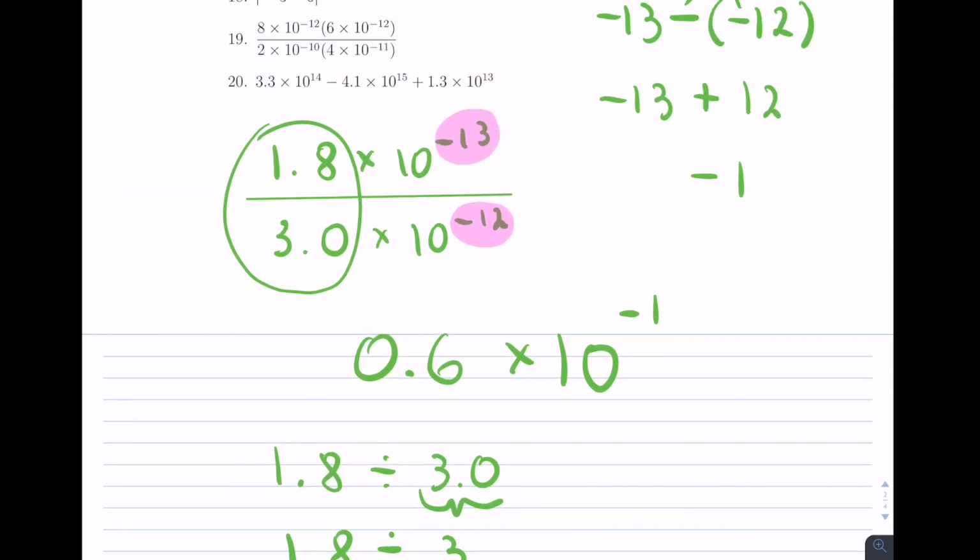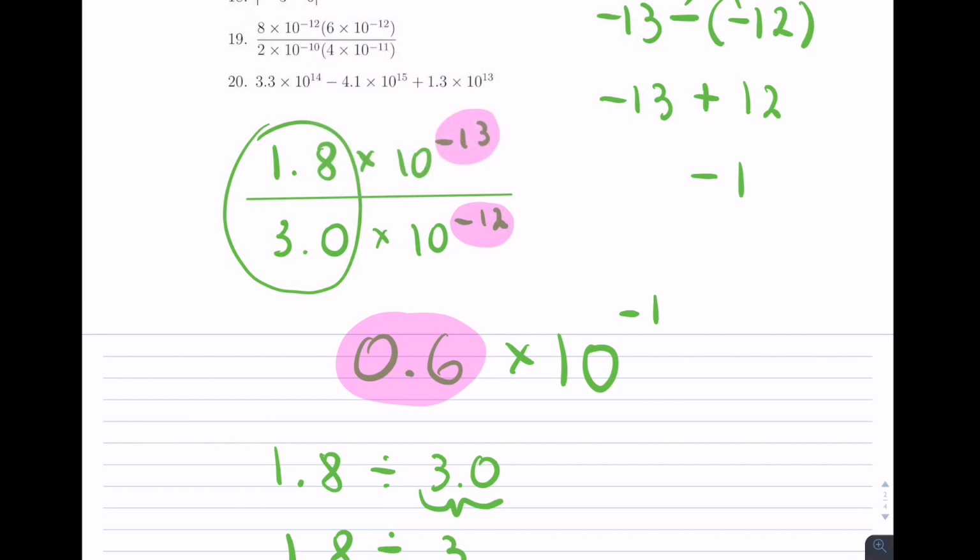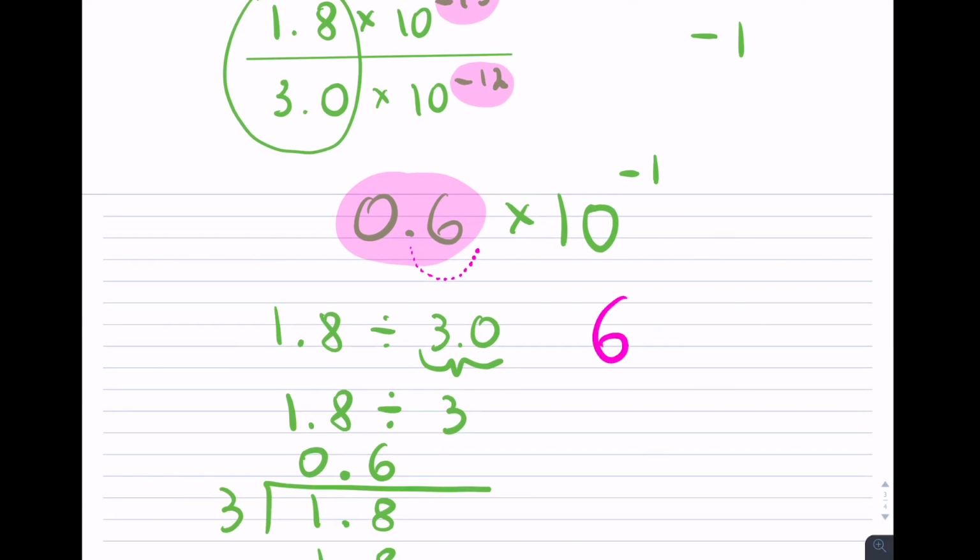Now, unlike the previous question, I can't stop here as of yet because this is not a mantissa. It's less than 1, and we have to make it more than 1. So we're going to have to bring the decimal here so that it's actually 6.